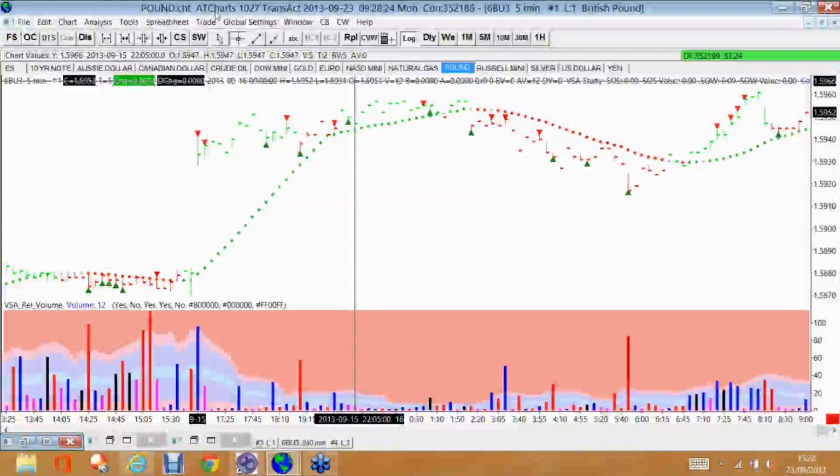But we want to look at where the price closes. Now, if the price closes below the 50% part of the bar, and this is important, the next bar closes lower, you must infer that supply is overcoming demand at that point.